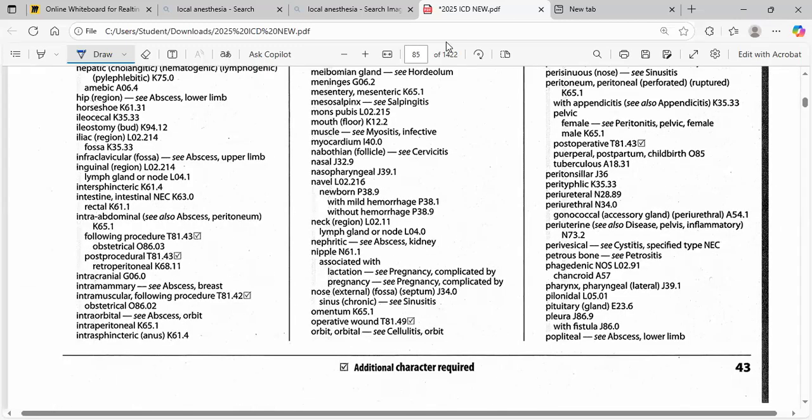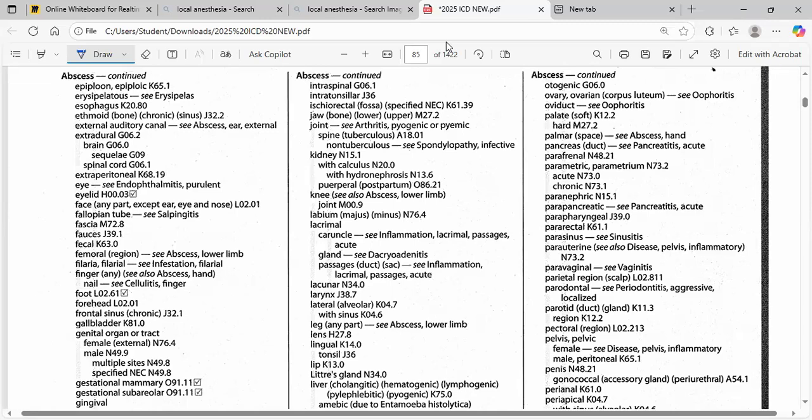Here we have the abscess. Under the abscess, we have to look for the bladder. So it's B here. We have to scroll it up.